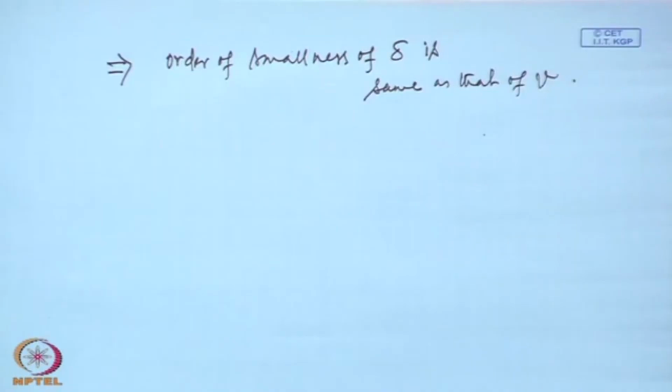Or we should have written it the other way: the order of smallness of V is the same as that of delta. So delta is of the order of inverse square root of Reynolds number, and V will also be of the order of inverse square root of Reynolds number, the magnitude.